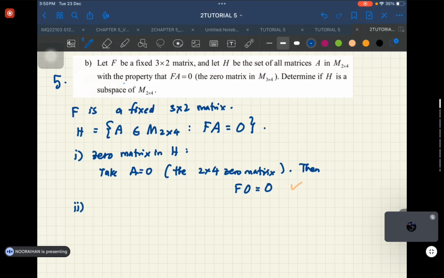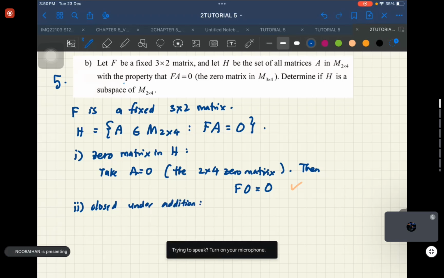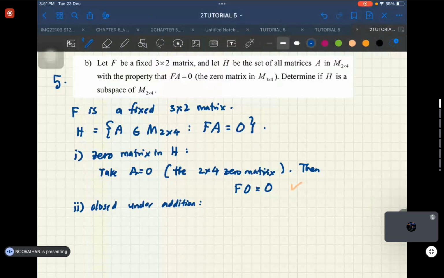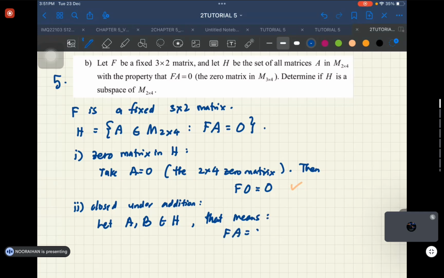Number 2, under addition. Okay, is it closed under addition? Okay, so let A and B be elements of H. That means FA is equal to 0 and FB is equal to 0.